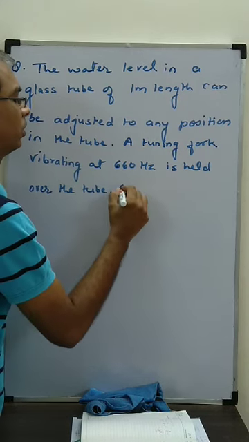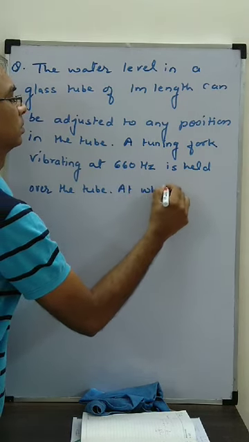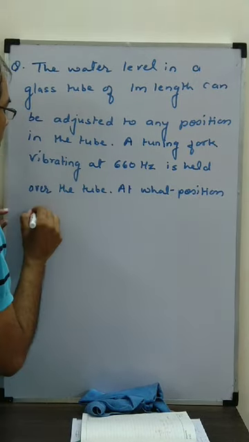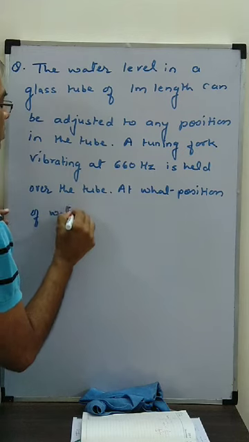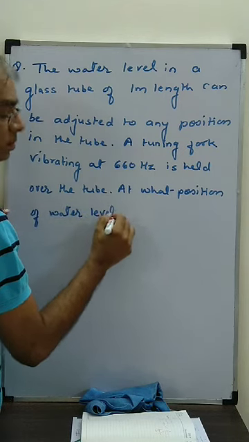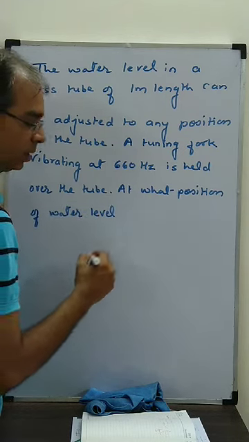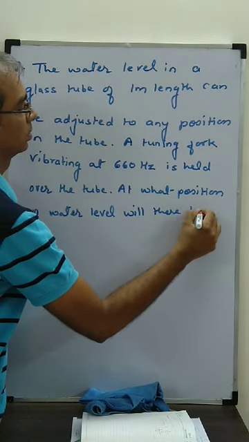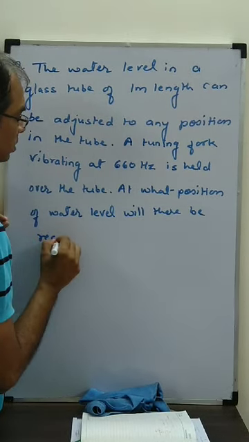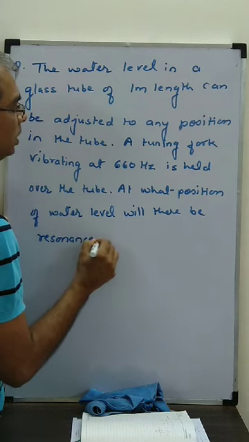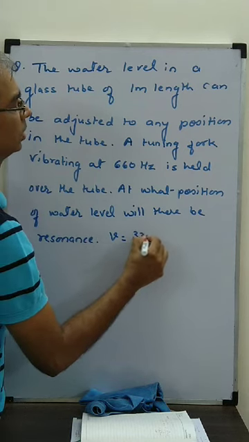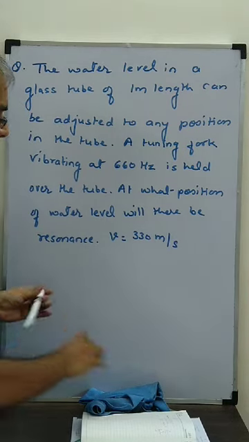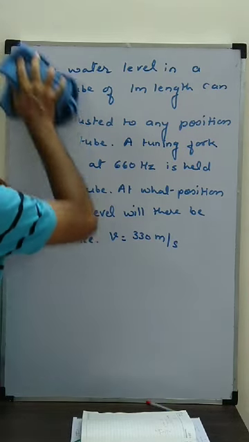At what position of water level will there be resonance? Speed of sound is given as 330 meter per second. Okay, that's the question. Let's see it then.